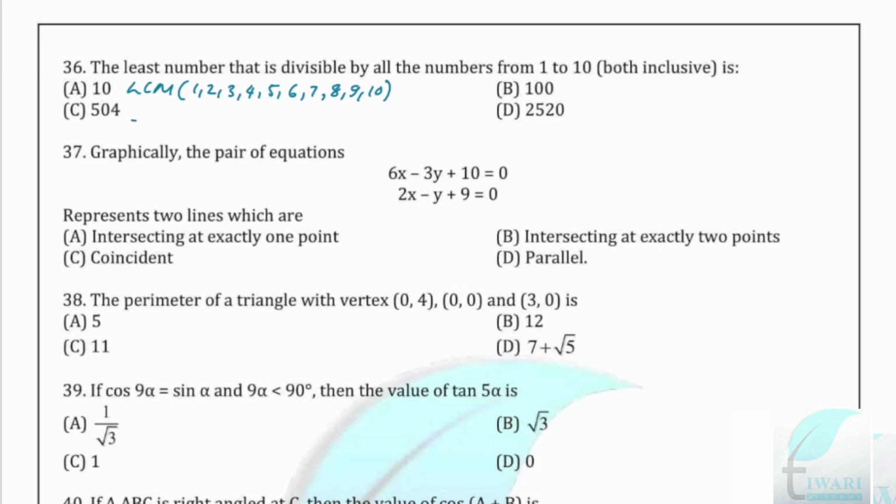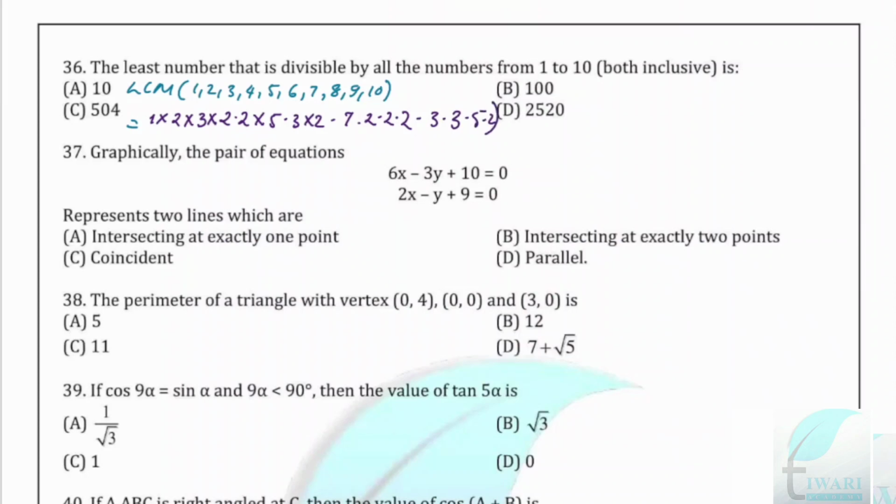So for the LCM, 1, 2, 3, 4 can be written as 2 into 2, 5, 6 can be written as 3 into 2, 7, 8 can be written as 2 into 2 into 2, 9 can be written as 3 into 3, and 10 can be written as 5 into 2.